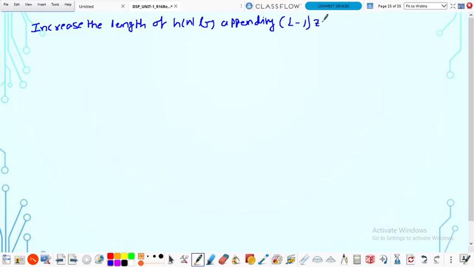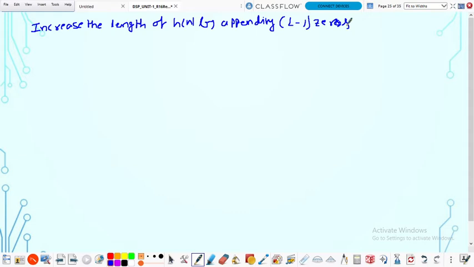So what is the length here? Capital L is 11 samples. So 11 minus 1, so appending 10 zeros to the impulse response h of n.